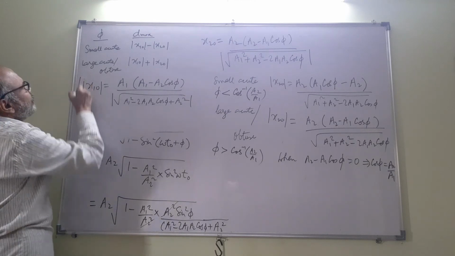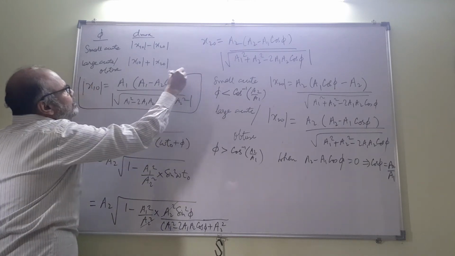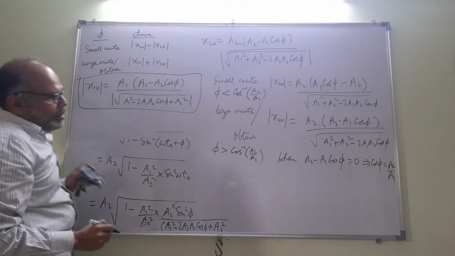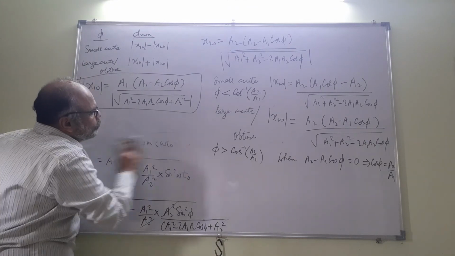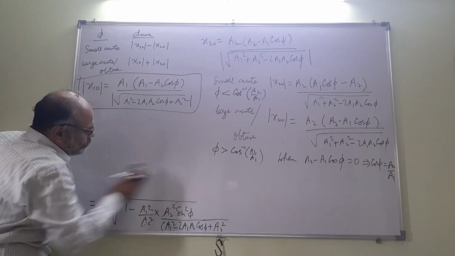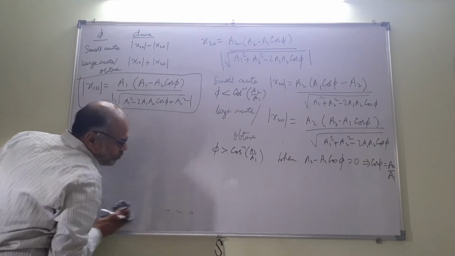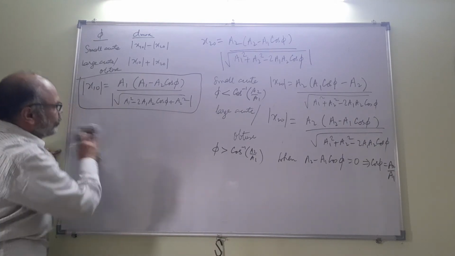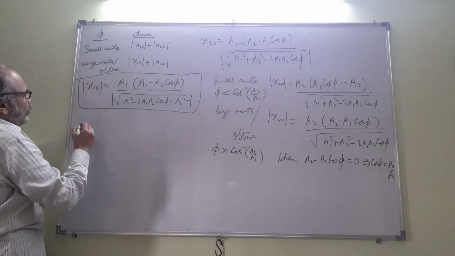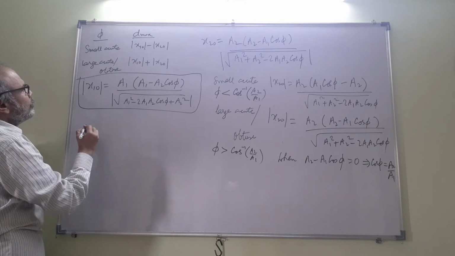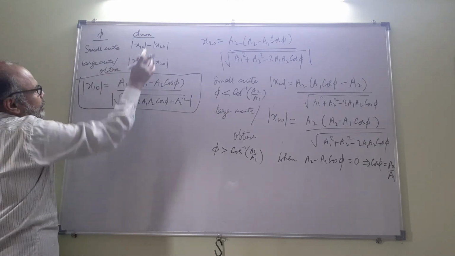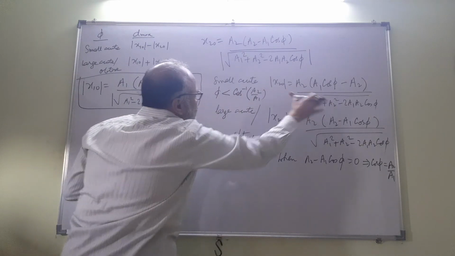We have got x1, mod of x1 by x2 is this, and so let's find for small acute. For small acute, you have x1 naught, it is this minus this.